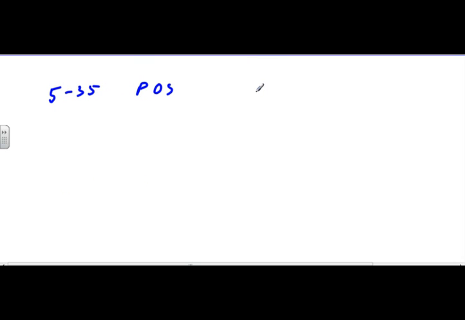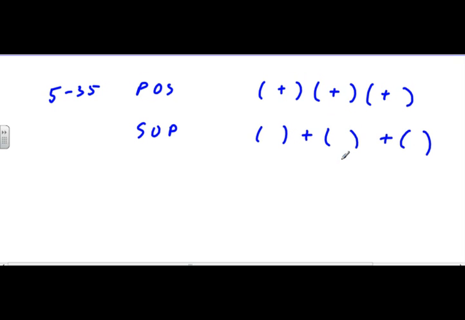That means I got plus, plus, plus, product, sum. So I got something with a plus sign in it, something with a plus sign in it, something with a plus sign in it. Sum of products. I got something plus something plus something, and there's no pluses in there.